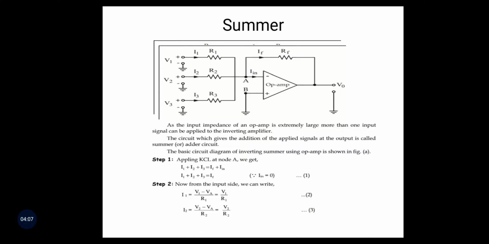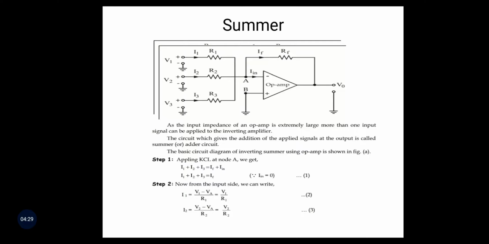Here IN equals 0, because the current flowing into the op-amp is 0. So I1 plus I2 plus I3 equals IF.